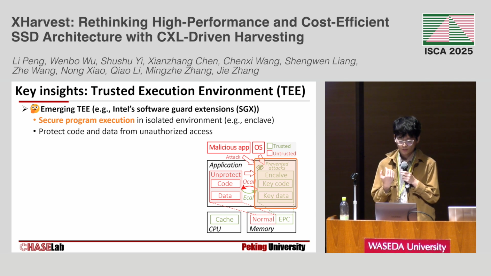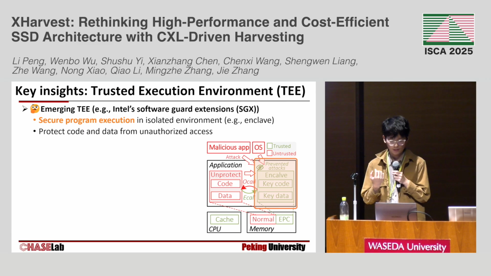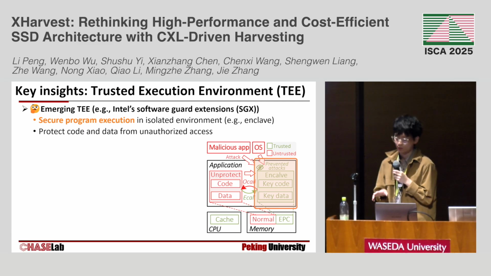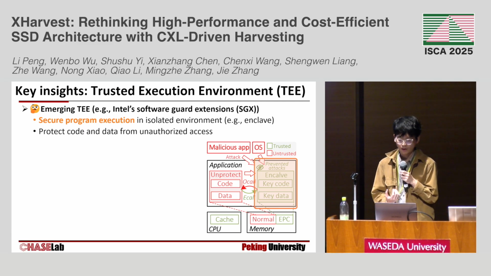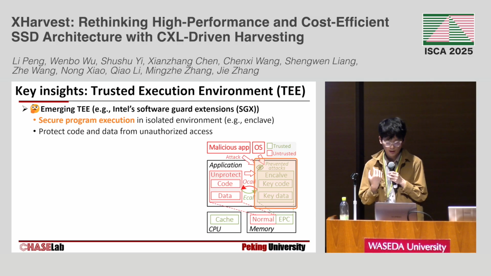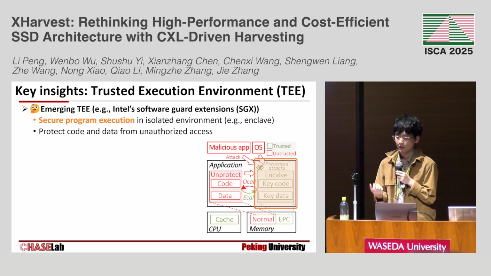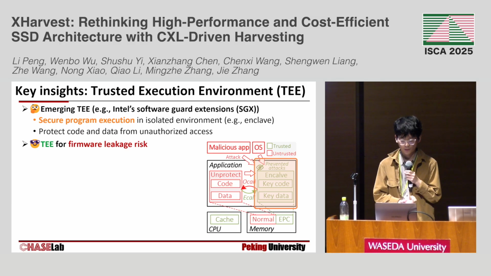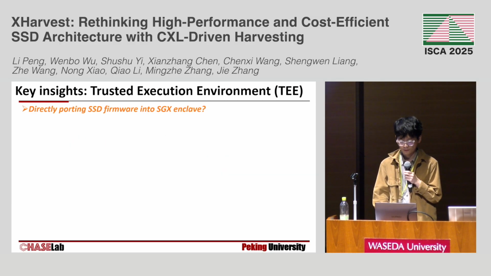By executing the sensitive algorithms in the enclave, SGX protects the code and data from unauthorized access by any software or even the operating system, thus avoiding the potential leakage risk. However, our preliminary study reveals that directly porting the FTL algorithm into the enclaves suffers from serious performance issues.